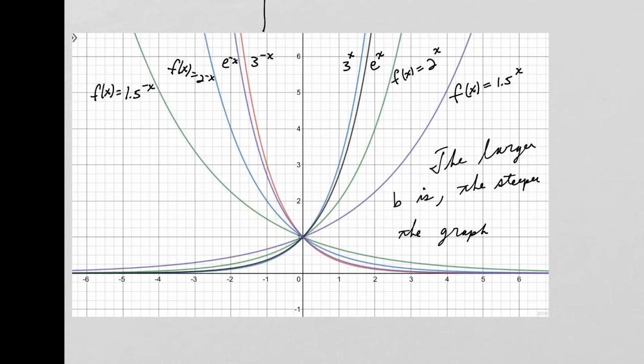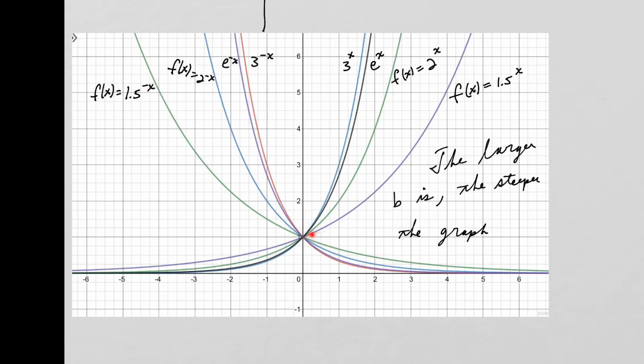Do you guys see that? So like this one, the purple, if you follow it all the way from here, it's pretty much 0, and then it increases. All of the graphs are going through 0, 1, because if I plug in 0 for x for any of these functions, anything to the 0 power is equal to 1, right? So they all go through 0, 1.